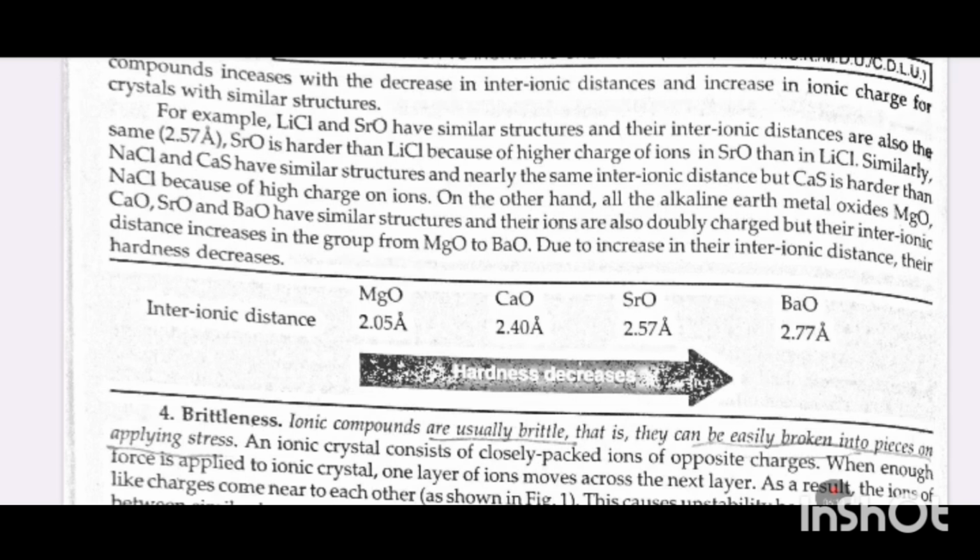On the other hand, all the alkaline earth metal oxides MgO, CaO, SrO, and BaO have similar structures and their ions are also doubly charged, but their interionic distance increases in the group from MgO to BaO. Due to increase in the interionic distance, their hardness decreases.